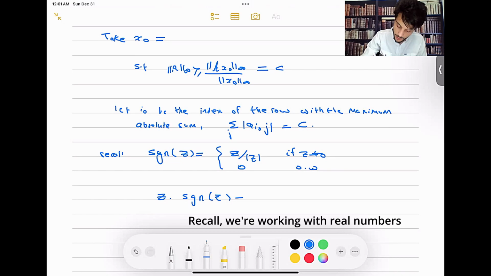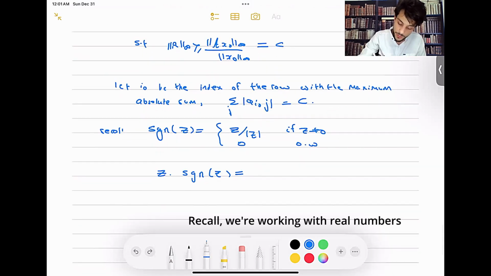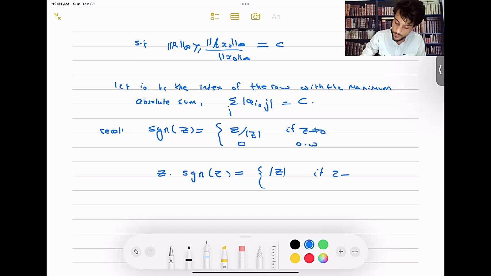You can see it from here: we get this squared over the absolute value of it, and we'll be left with the absolute value of it if it's not 0, and with 0 otherwise.